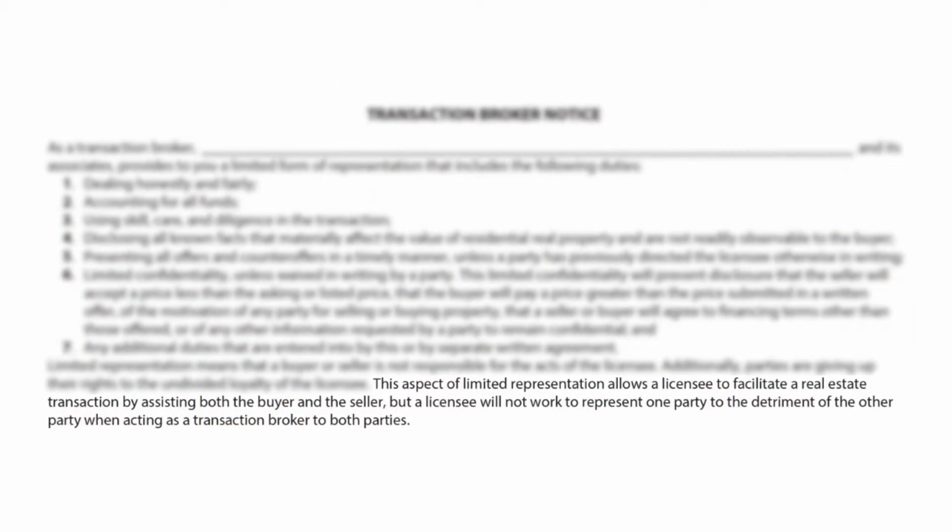The simple answer is technically not, because this is what it says. Let's read it again. This aspect of limited representation allows a licensee to facilitate a real estate transaction by assisting both the buyer and the seller, but a licensee will not work to represent one party to the detriment of the other party when acting as a transaction broker to both parties.